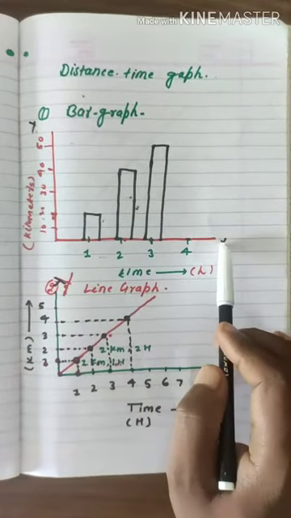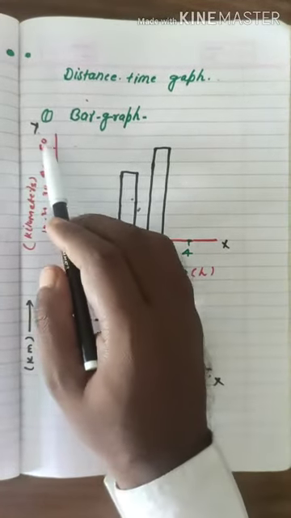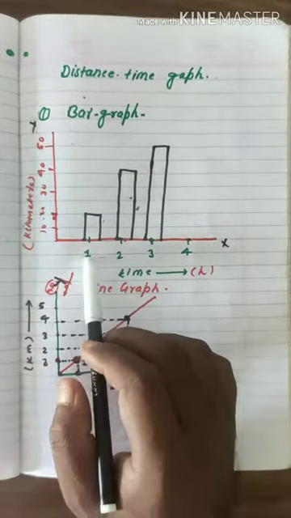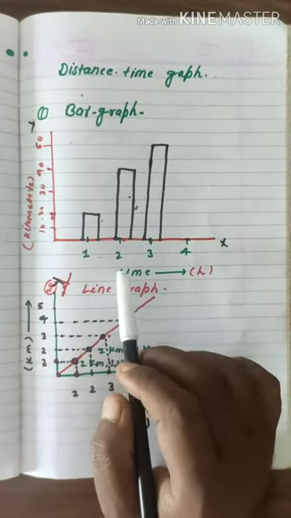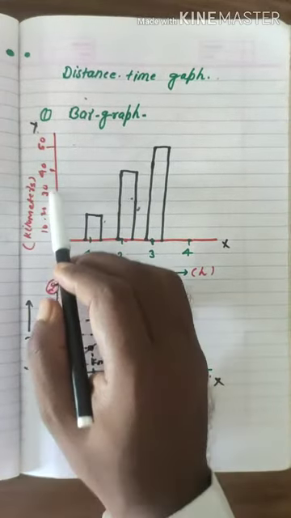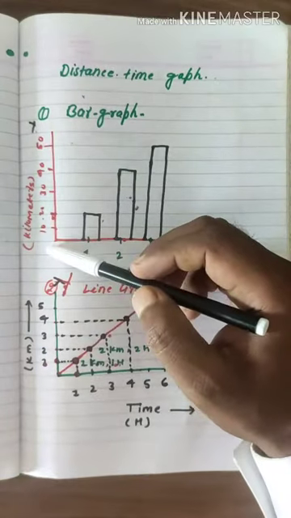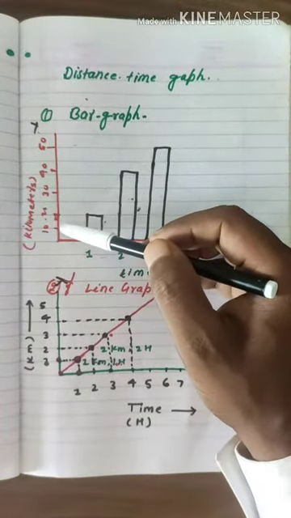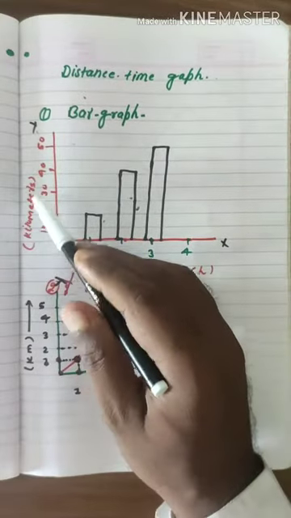Here it is the x axis and it is the y axis. On the x axis we plotted time in hour, and on the y axis we plotted distance in kilometer.